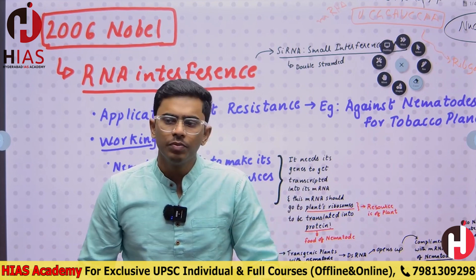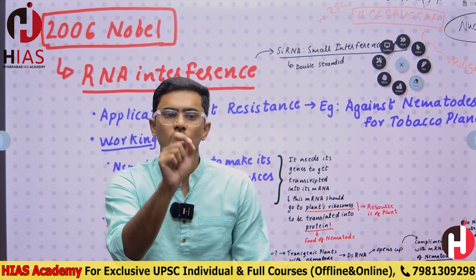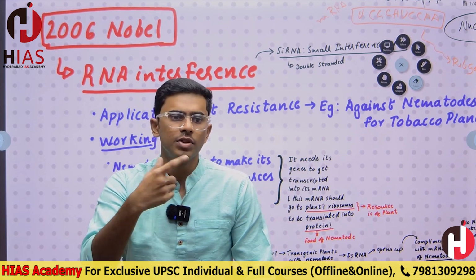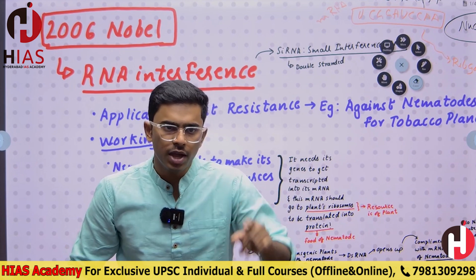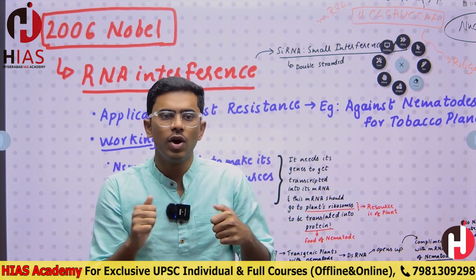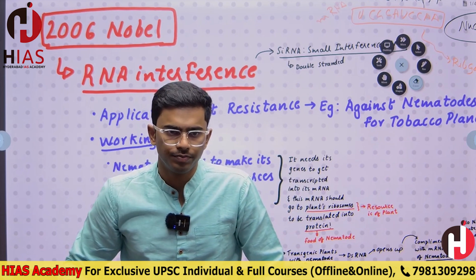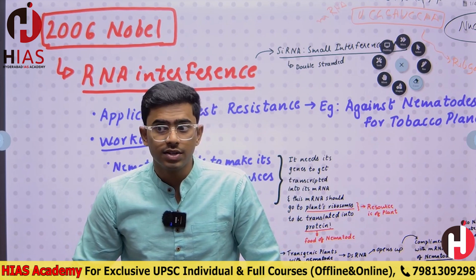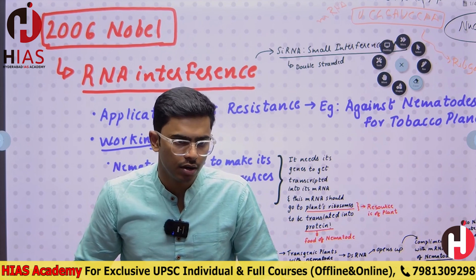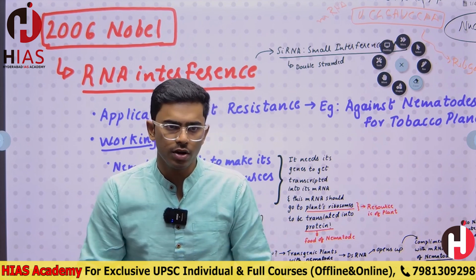How do I do it? I'll tell you. But what happens if I do it is something you have to know. If I make my messenger RNA double stranded, what happens? It doesn't change into a protein, right?